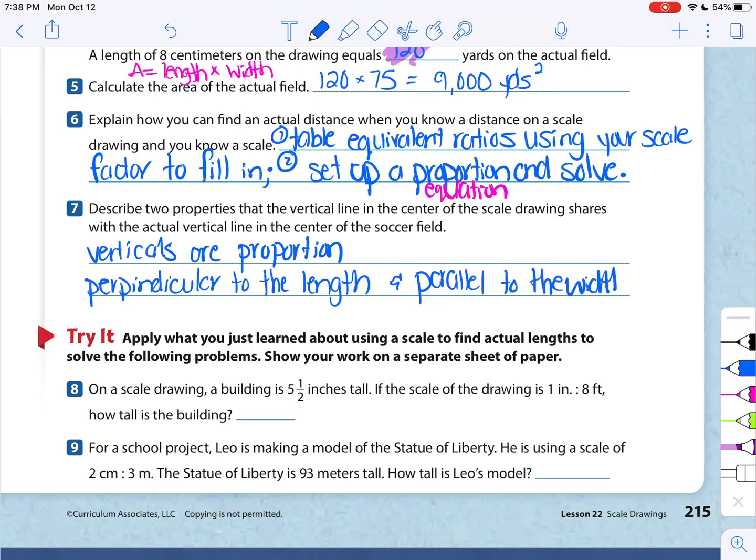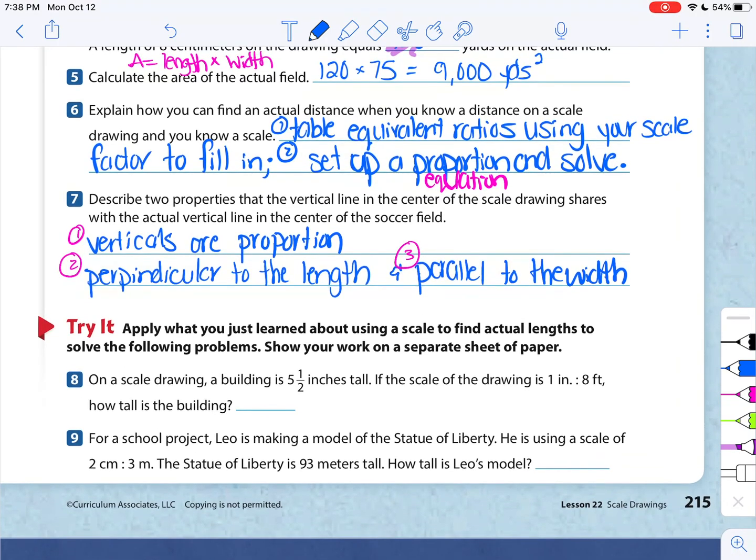So 2 words you may not have heard in a while, but we definitely know what they mean. So 3 things that you can tell about that vertical line running through the middle. It's also going to be proportional. It's going to be perpendicular to your length, and it's going to be parallel to your width. Let's take a look at a couple more examples.